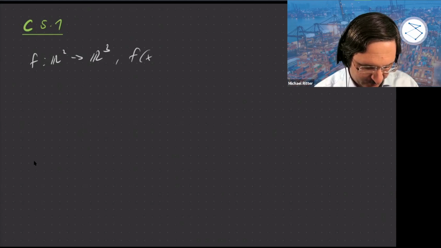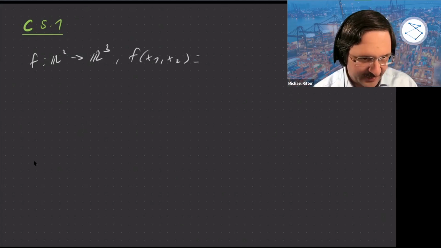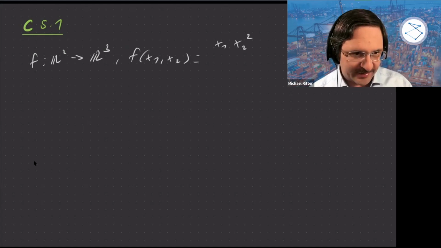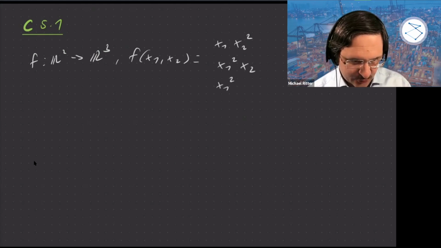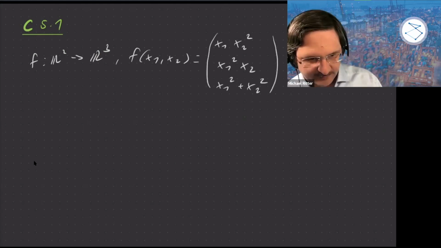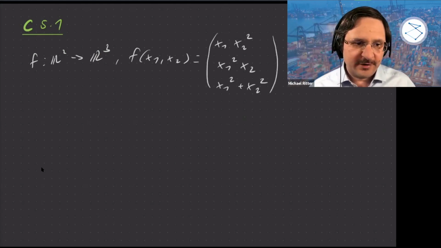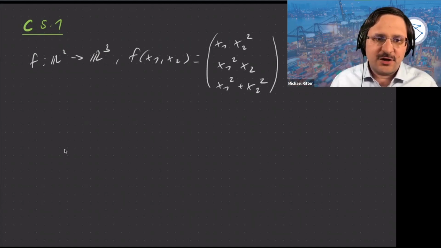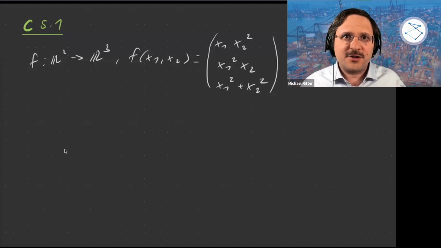And f of x1, x2 is defined as x1 x2 squared, x1 squared x2, and x1 squared plus x2 squared. So three different components. The Jacobian is basically the collection of partial derivatives of that function.